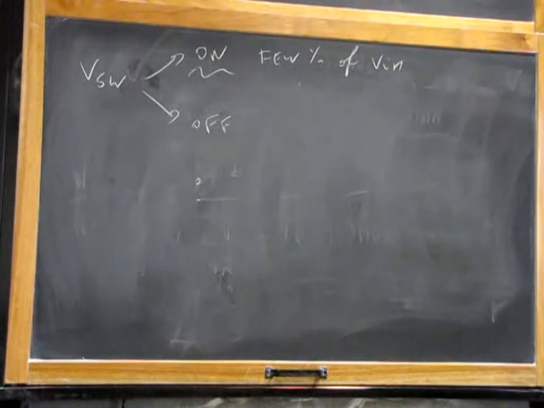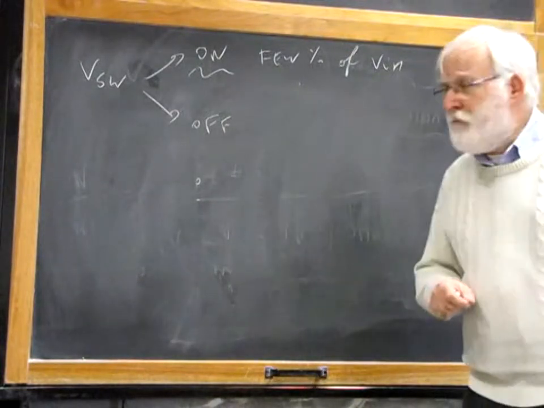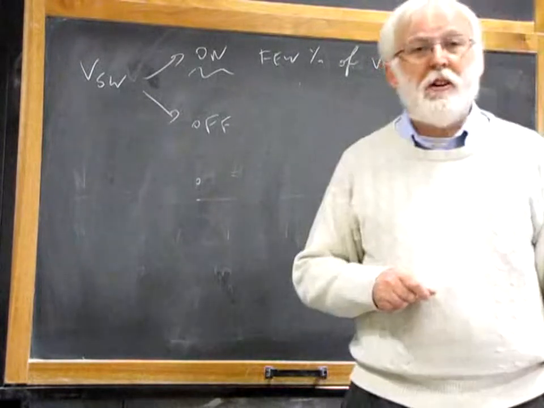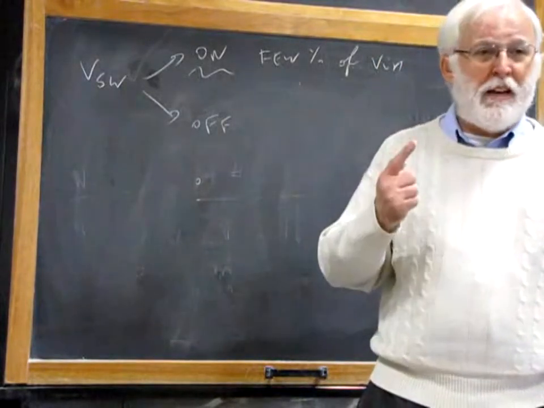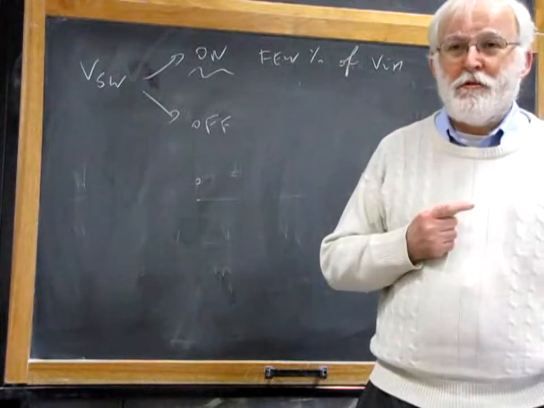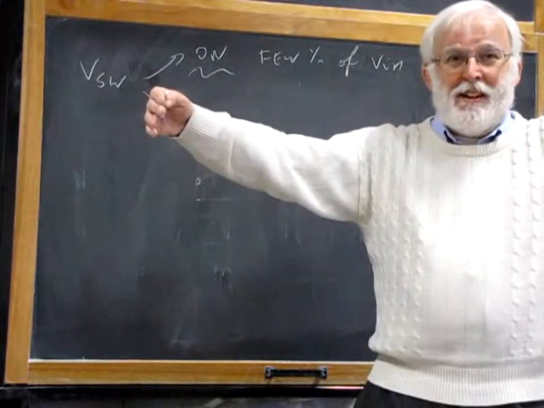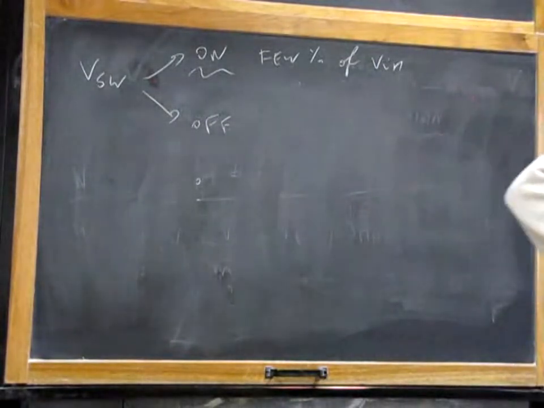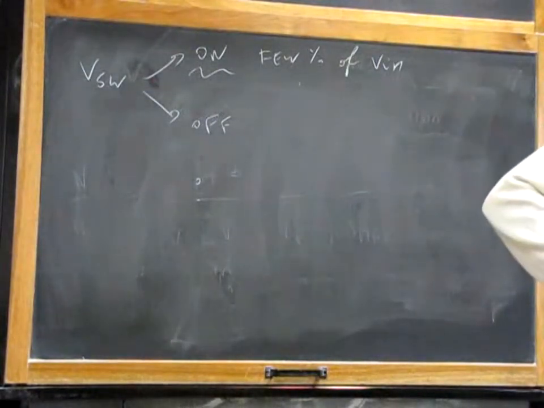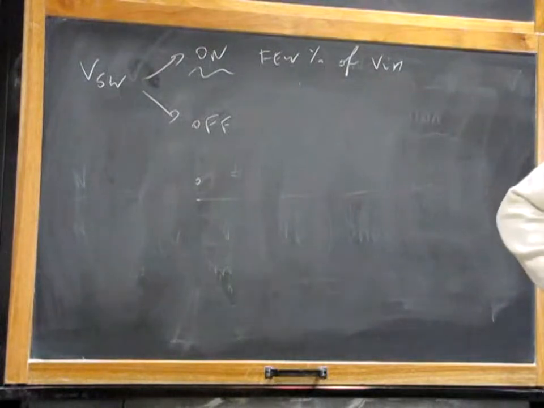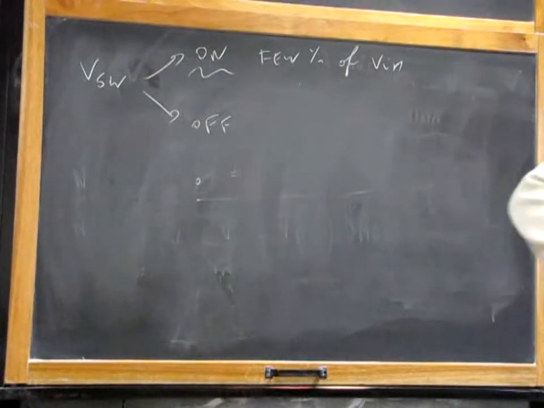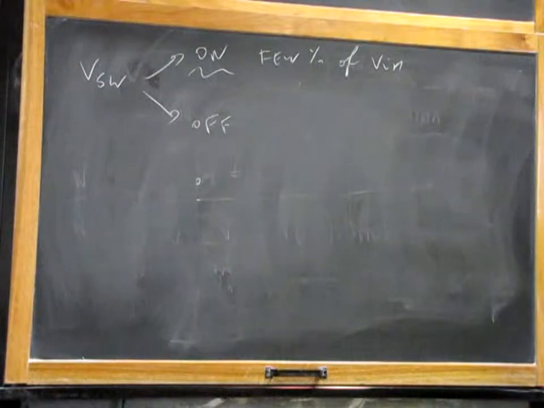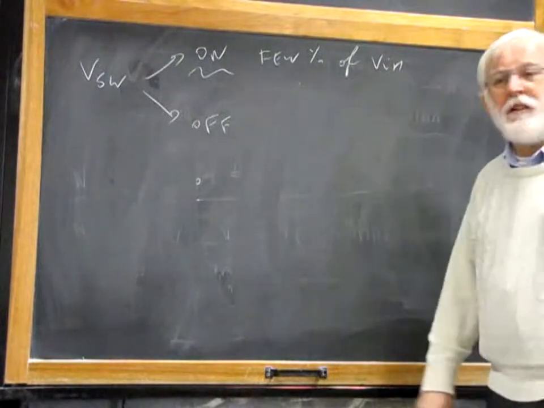But don't exaggerate, don't say, oh, my input voltage is 10 volts and I want 1 millivolt voltage drop. Because it means to use a huge, and when I say huge, I mean huge MOS transistor. And when you drive a large MOS transistor with a lot of silicon, you have a large input capacitance, it becomes slower and slower. So there are advantages and disadvantages. Few percent, use your common sense.